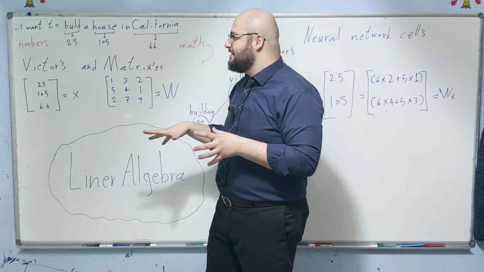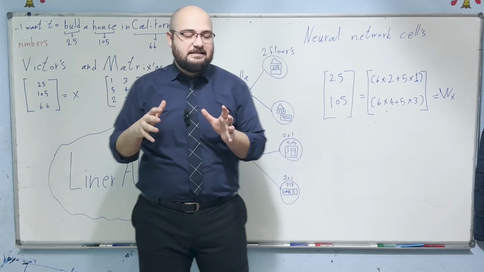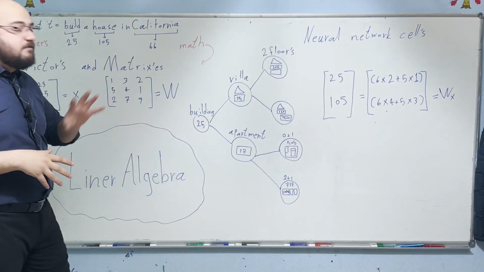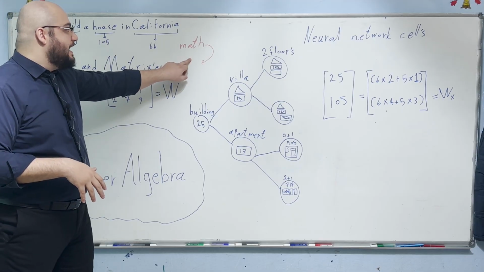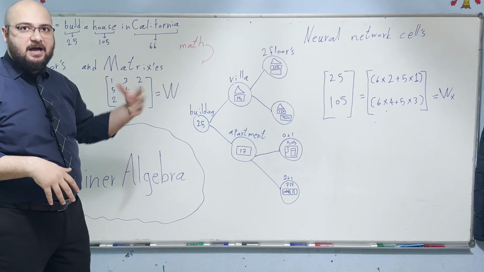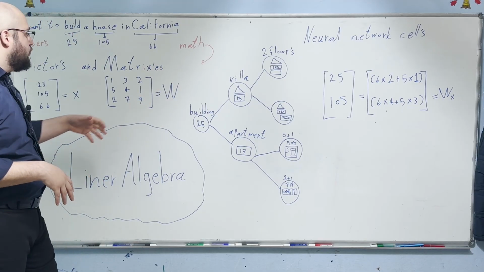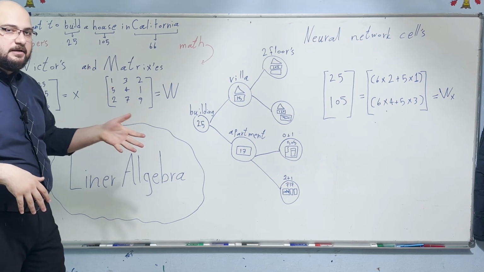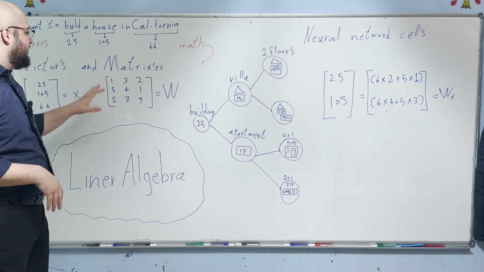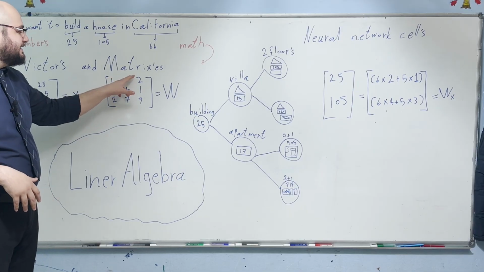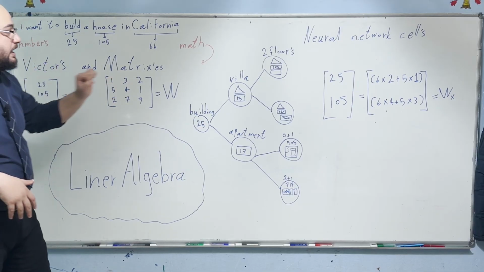The important thing, and the thing that every language model uses, is the math they use, which is linear algebra. Two types generally. The main types are matrices and vectors.